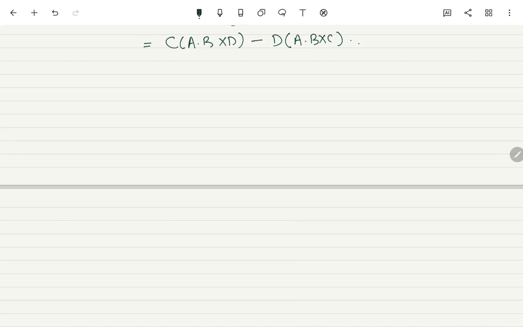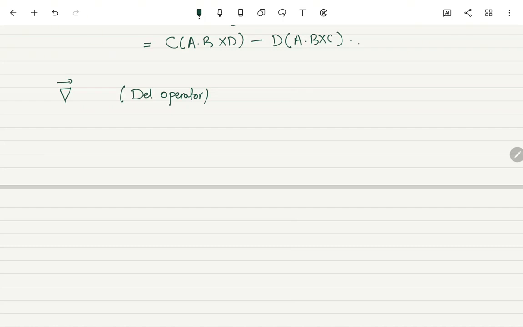Now let's define a very important vector in physics, which is the del operator. This vector is defined simply like this. It's called the del operator.